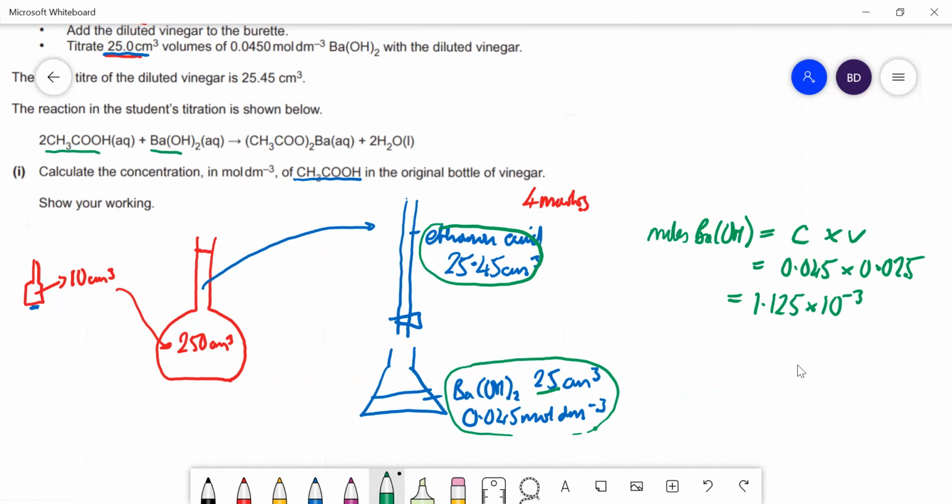So let's write down our moles of ethanoic acid, and that's in the titer of 25.45 centimeters cubed.